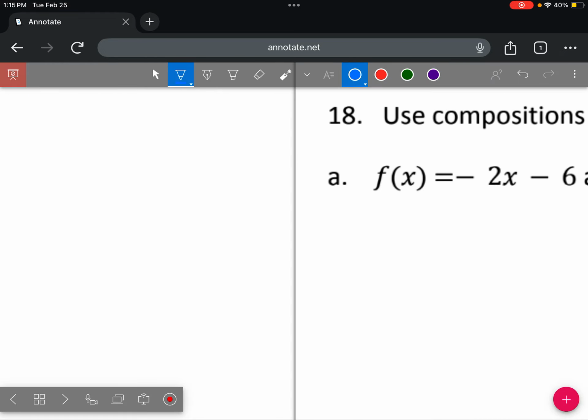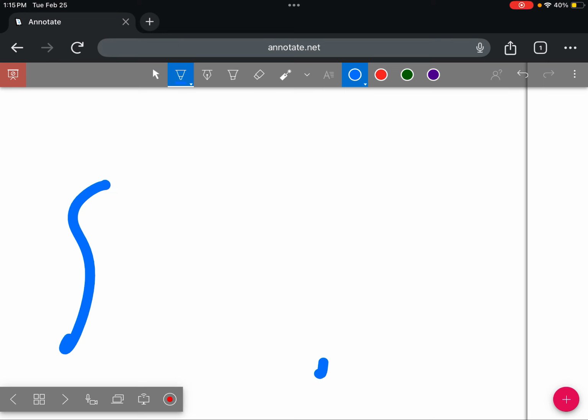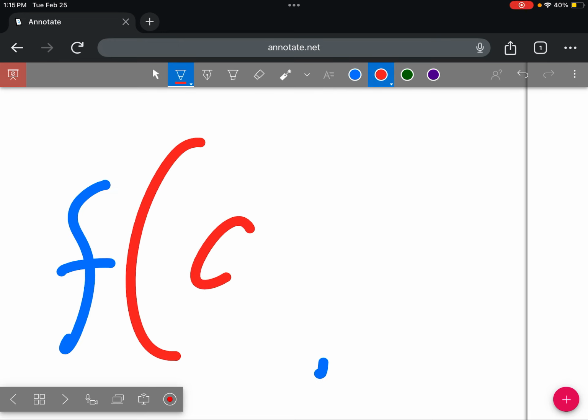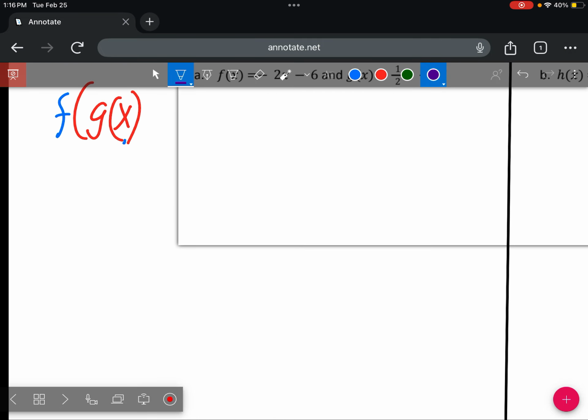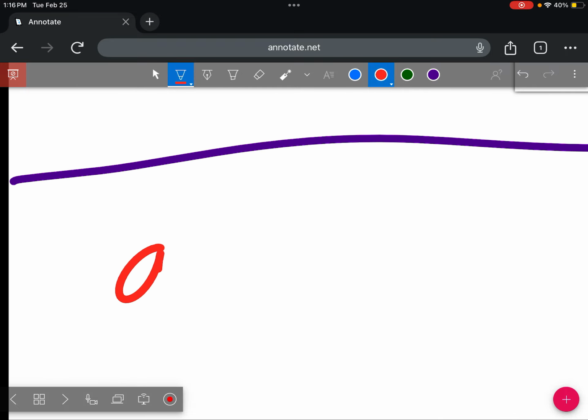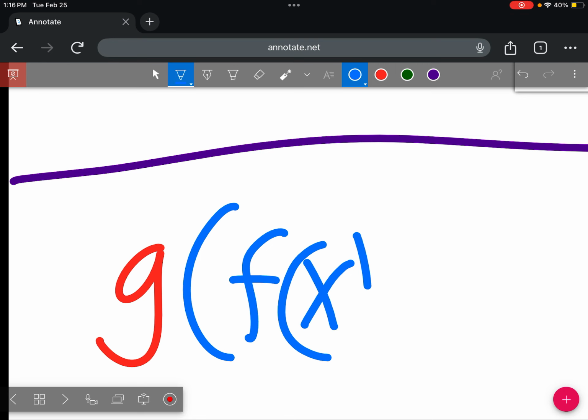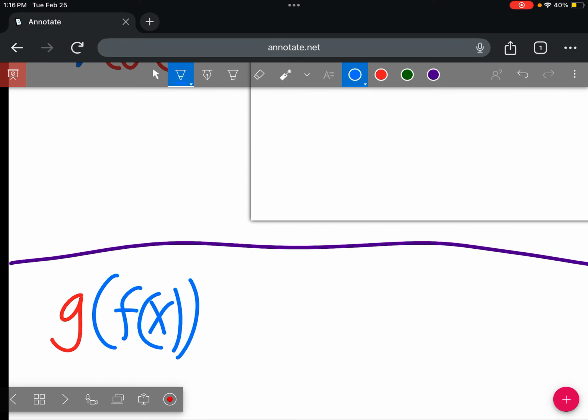You need to go both ways. You have to consider, is f of g of x equal to x? That's what I'll do up here. And then once I get done with that, I'm going to do g of f of x equal to x.